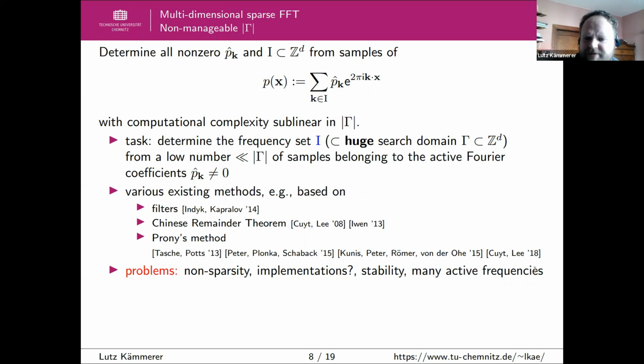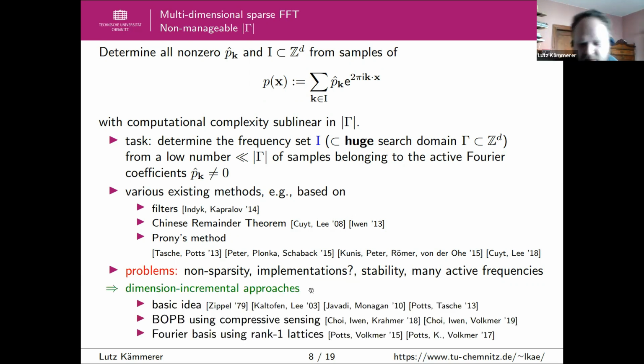And the point is, if you have many active frequencies, let's say 1,000, 2,000, or 10,000 active frequencies, and you would like to compute all these things, you need some really fast methods. Even fast in the cardinality of I, right? Not only fast with respect to this problem.